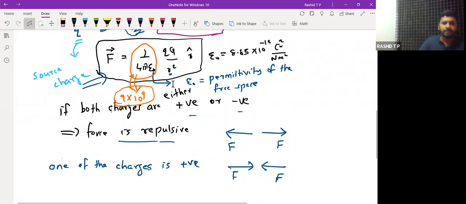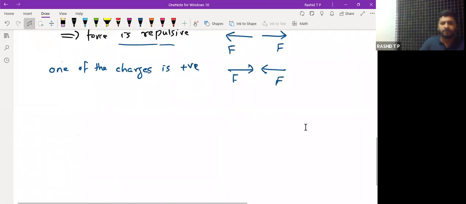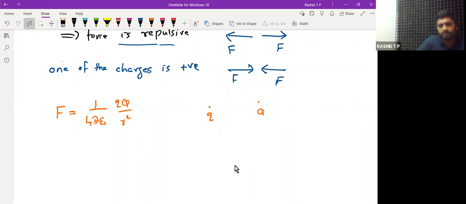Now, we have written the expression for the force, 1 by 4 pi epsilon 0 qQ divided by r square, where one charge was q, another was Q, and the separation between the charges is small r. This epsilon 0 is the permittivity of free space.